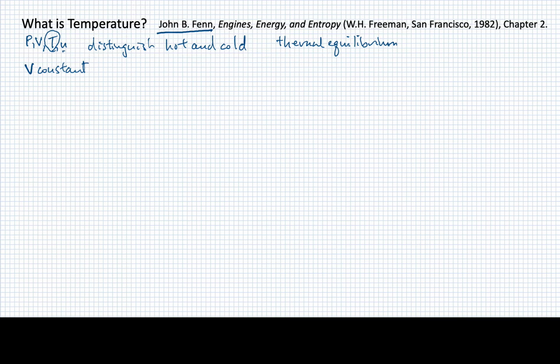In particular, the pressure is proportional to the temperature in that box. So if I have two different states of the system in that box at different temperatures, I could easily record that the ratio of the pressures at those two states is equal to the ratio of the temperatures. That's one way that we might quantify this concept of temperature.